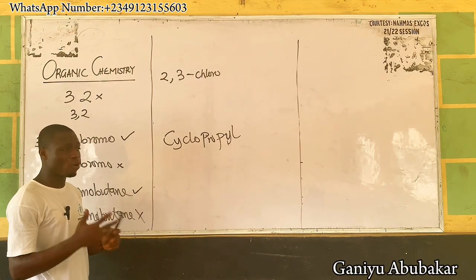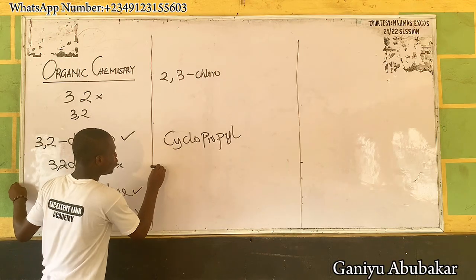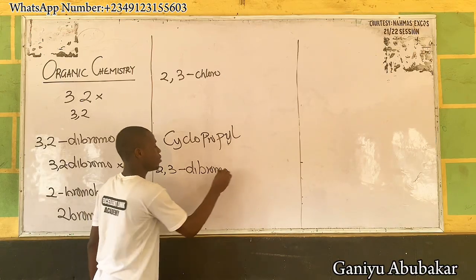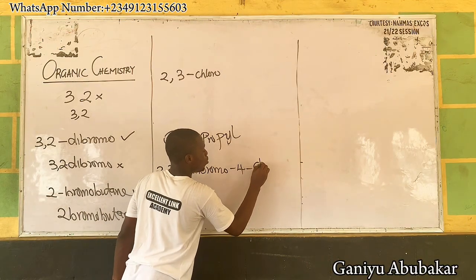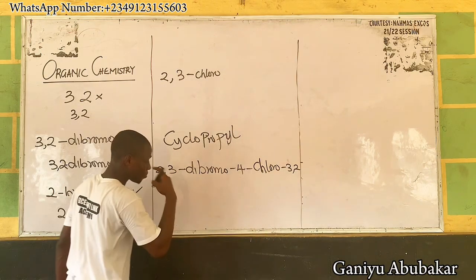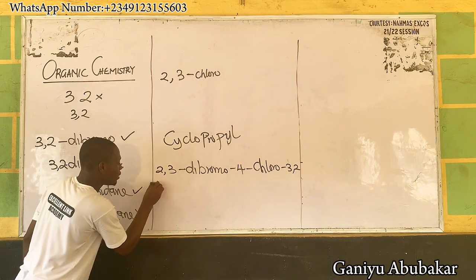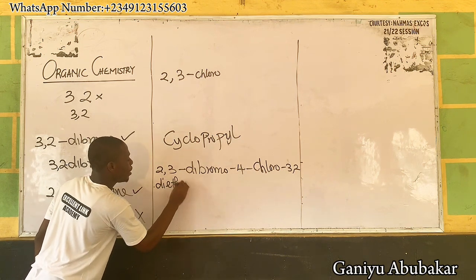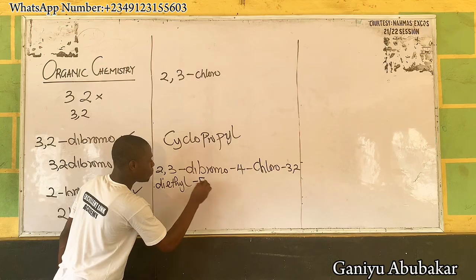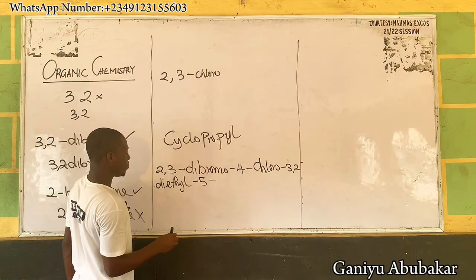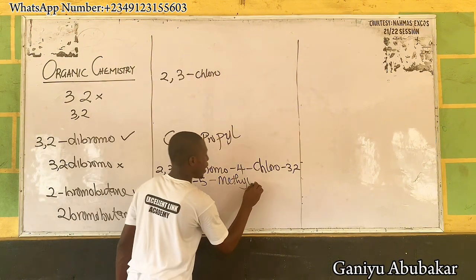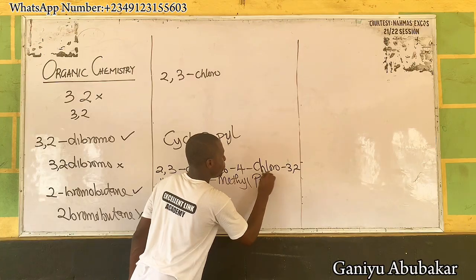Let's say I want to write 2,3-dibromo, 4-chloro, 3,2-diethyl, 5-methyl propyl.